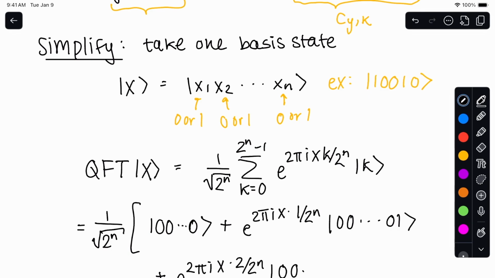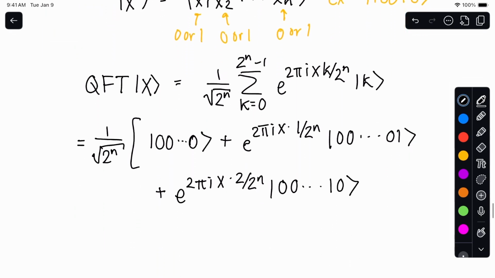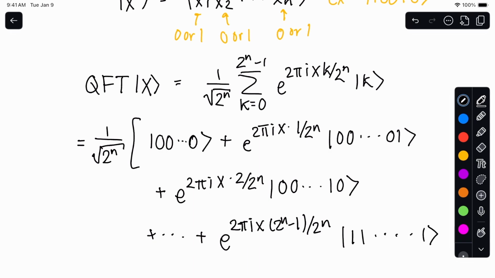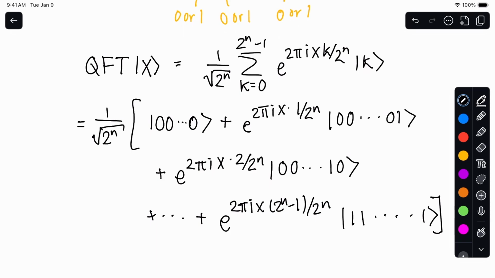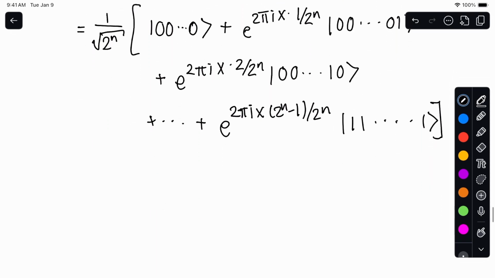And that would be for the state k equals 2. You can keep going like this all the way to the last term, which would be e to the 2 pi i x times (2 to the n minus 1) over 2 to the n. And this would be the state k equals 2 to the n minus 1, and that's the all 1 state. So we have in every single term this factor k over 2 to the n.